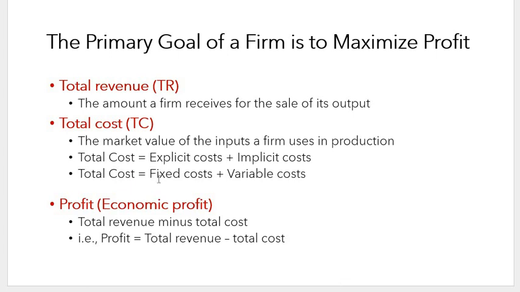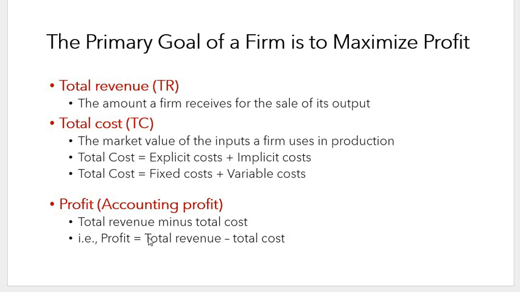There are different ways to calculate total cost, whether we classify cost items into explicit costs and implicit costs, or, more often, we look at the fixed cost and the variable cost. And total cost is the sum. Oops, I just fixed the typo.